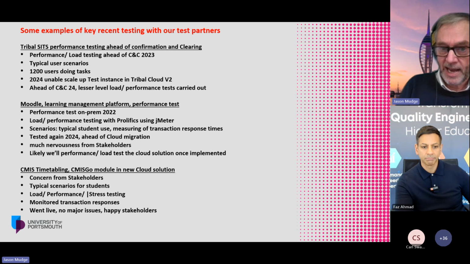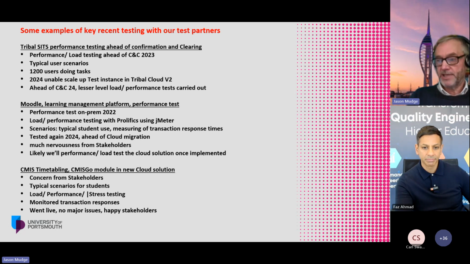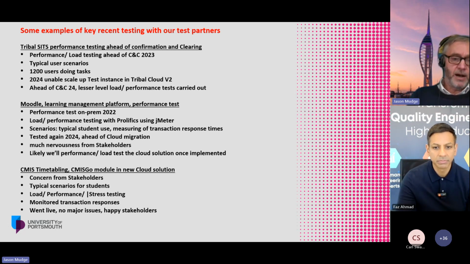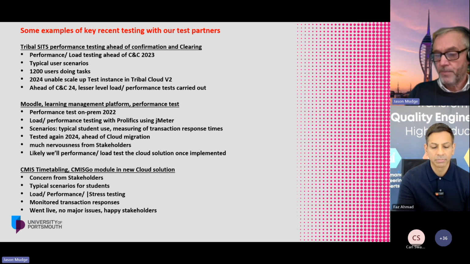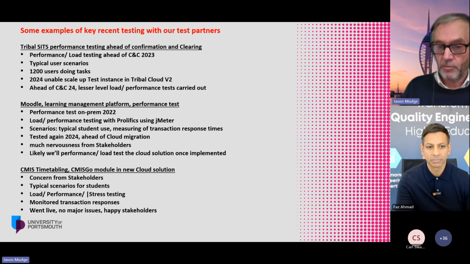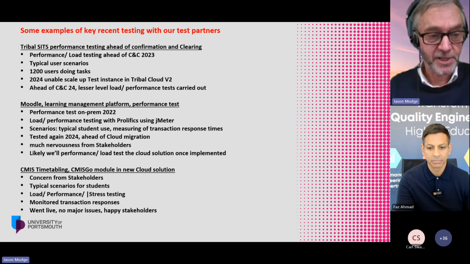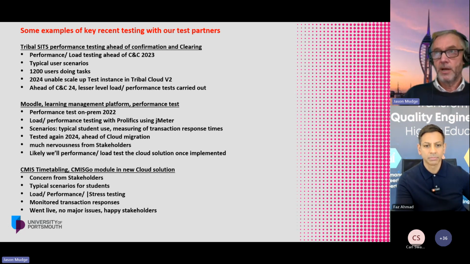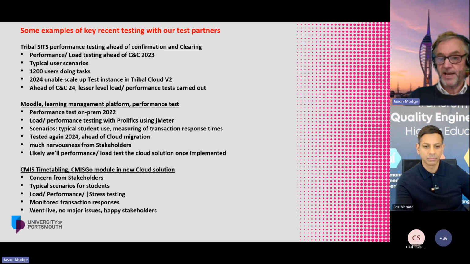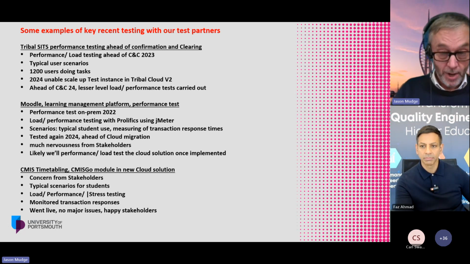We couldn't scale our internal test system up to be fully representative of live, as we had done in previous years, which gave us a bit of a risk. There were contractual and also technical reasons for that which I'm not going to go into now.